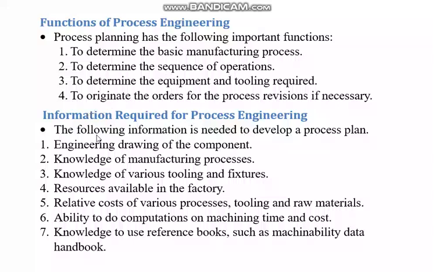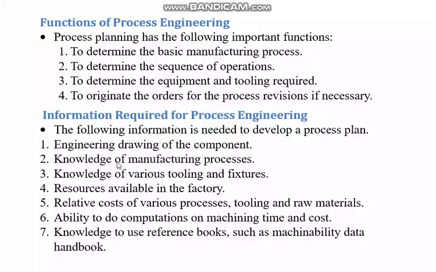Now, while performing the process engineering, you need certain information. So what is the information required for doing this process engineering? Here is a list of 7 items. The engineering drawing of the component is needed, and you need the knowledge of manufacturing processes. Thereby you will be able to choose the right manufacturing process.